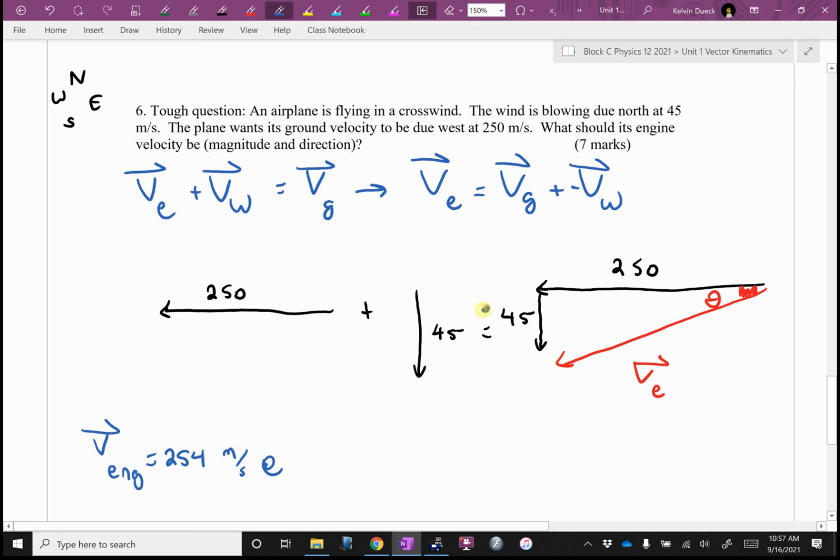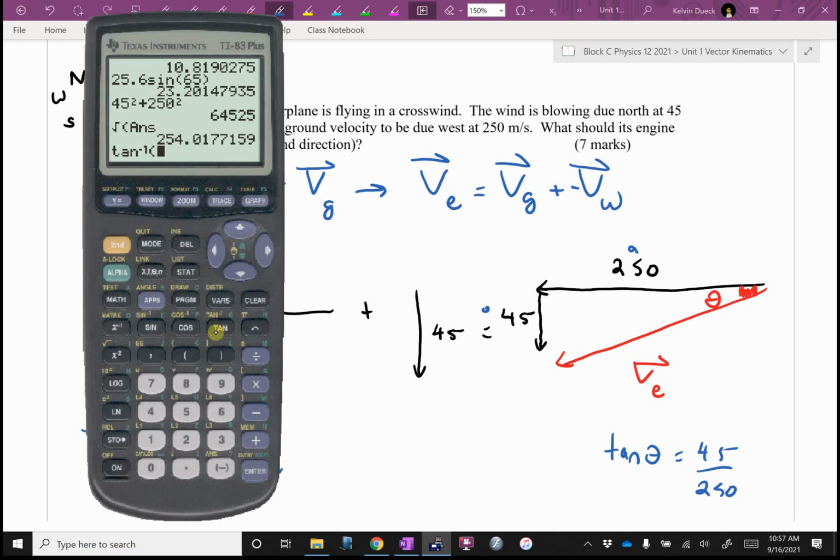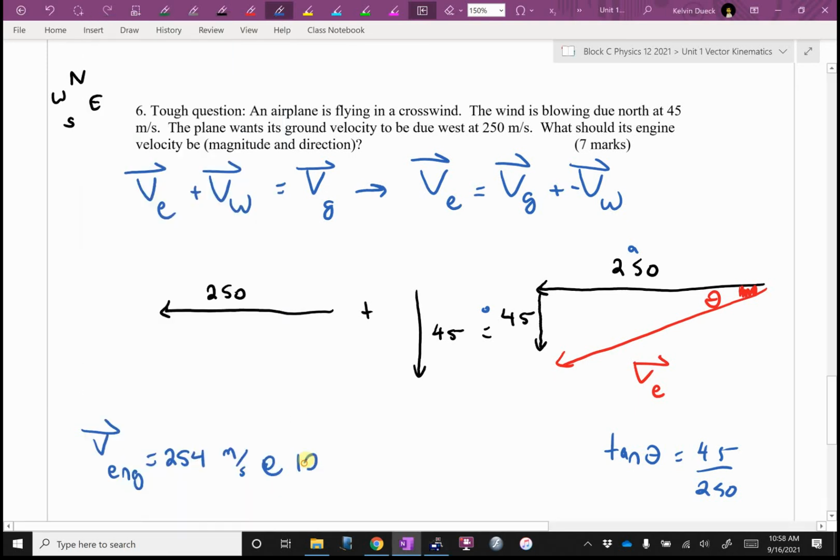Then opposite over adjacent, shift tan of 45 over 250. Do you get a theta of 10.2 degrees? North of south, east of west, what of what? This is south of west. Now, if you got that, you would get 7 out of 7.